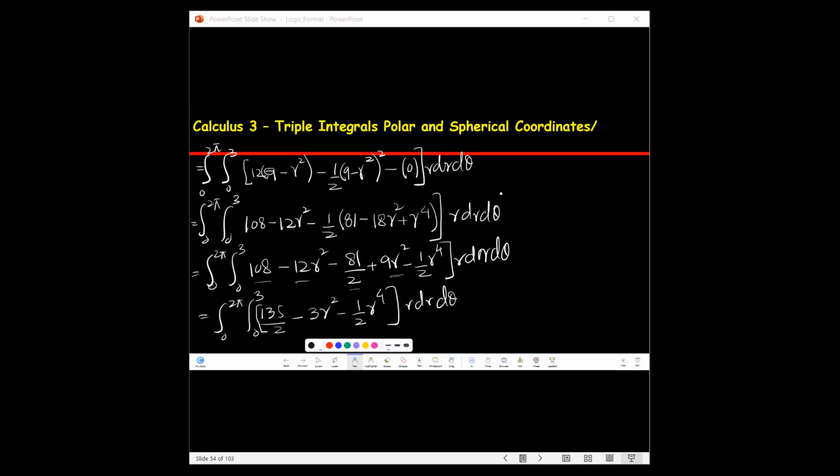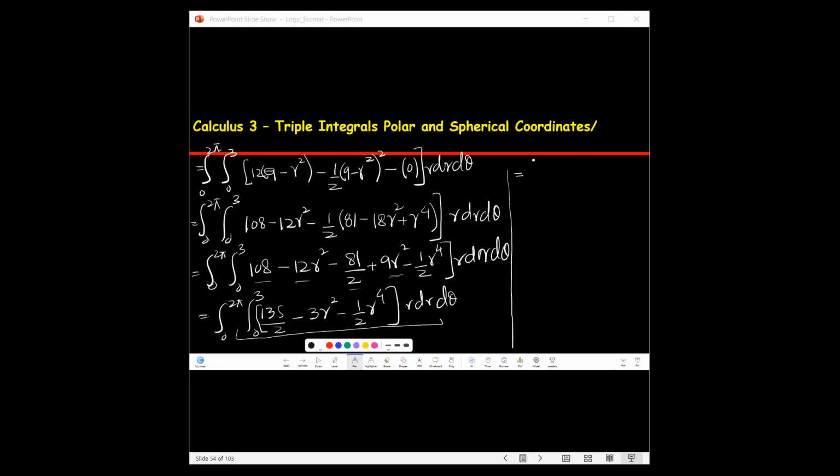Maybe I try to solve it here. Let's try if you could fix it. This one equals, I'm going to take the integral with this.